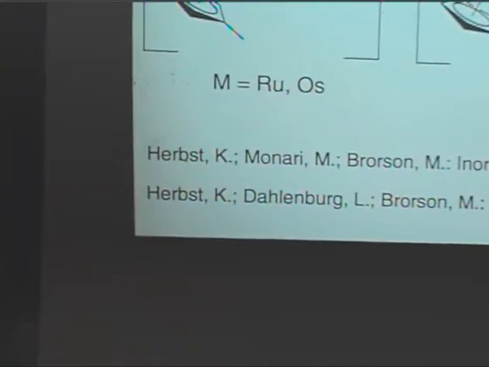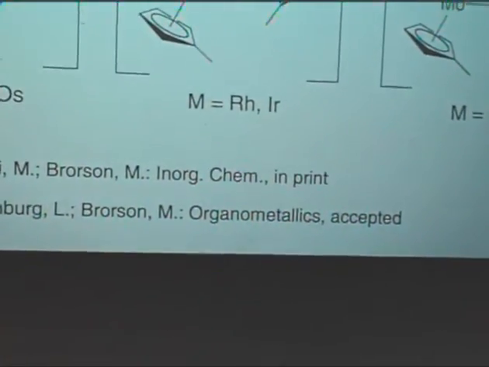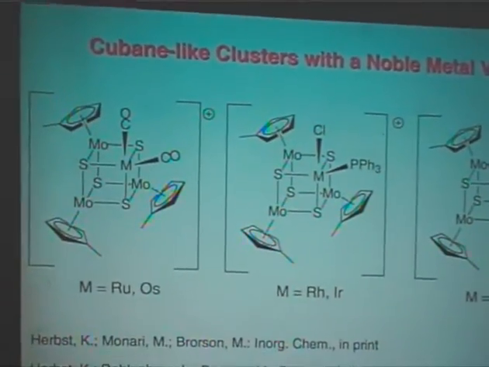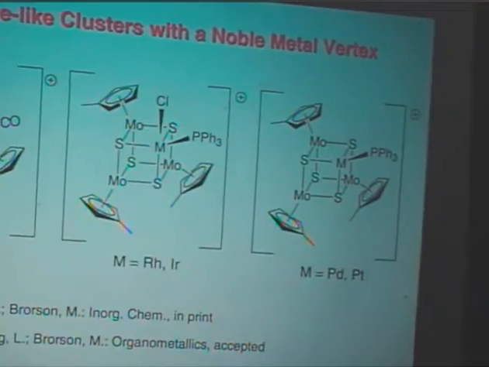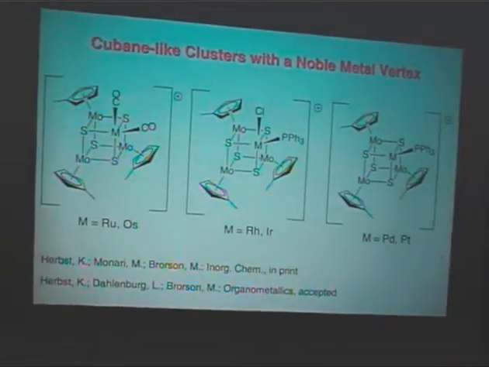But we could not only react this molybdenum cluster with nickel and cobalt complexes, but also with noble metal alkene complexes. And we got indeed the insertion of all 6 platinum metals into the molybdenum cluster core. In the case of ruthenium and osmium, 2 carbonyl ligands were at the heterometal.